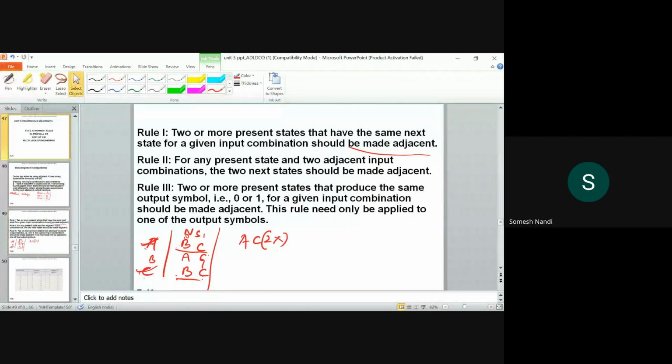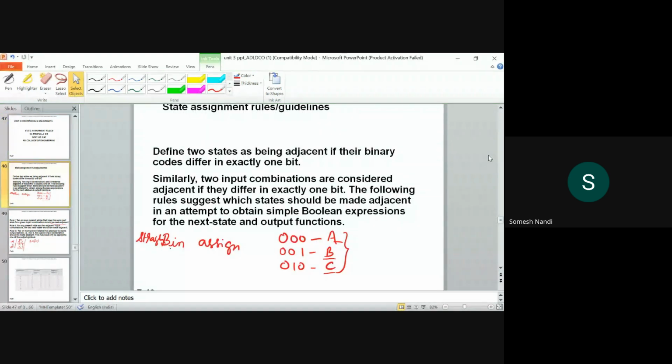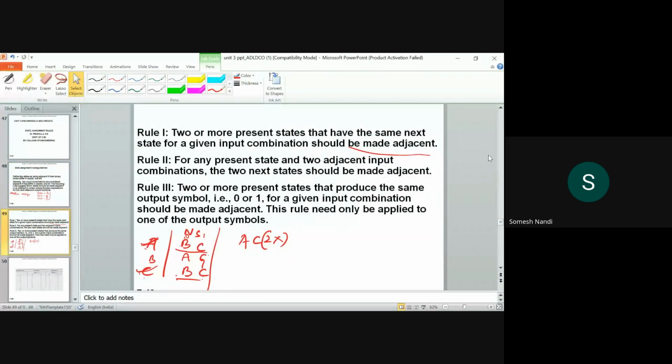Say, for example, from state A, B and C are the next states. So what rule 2 says is, you can make B and C adjacent states. So B and C could be your state assignment.